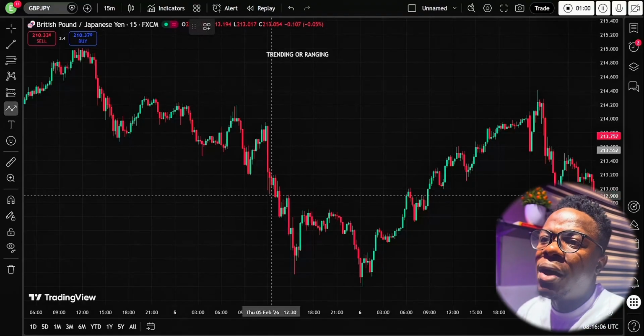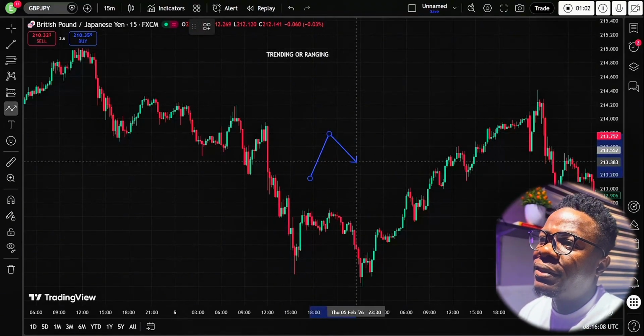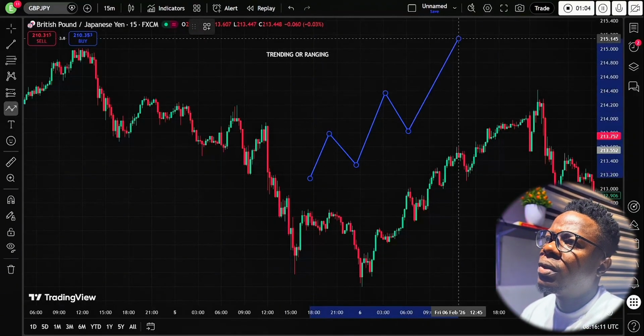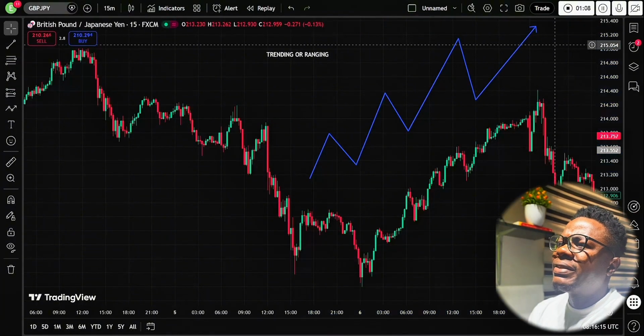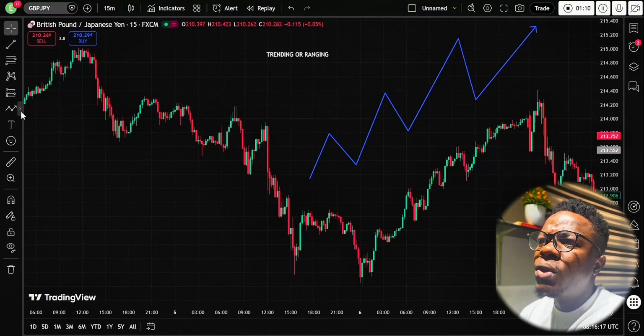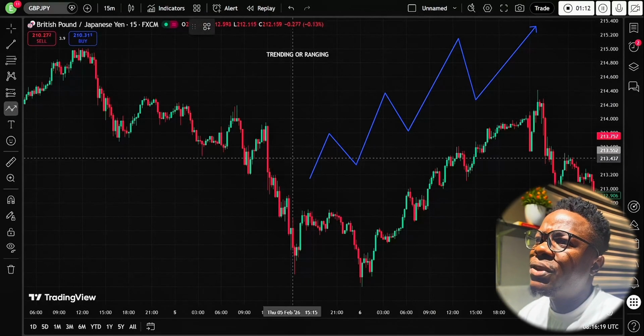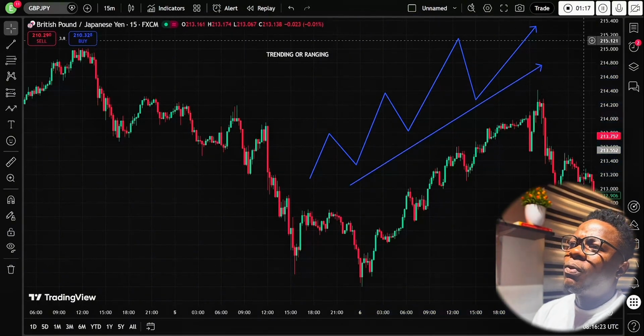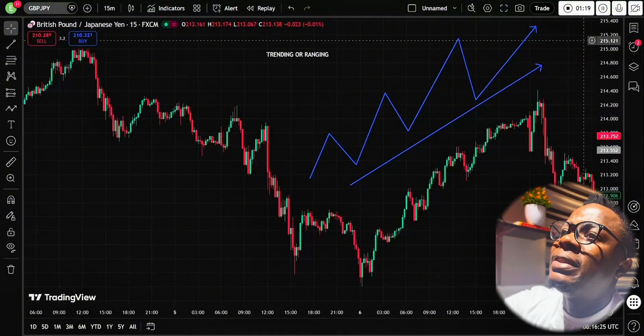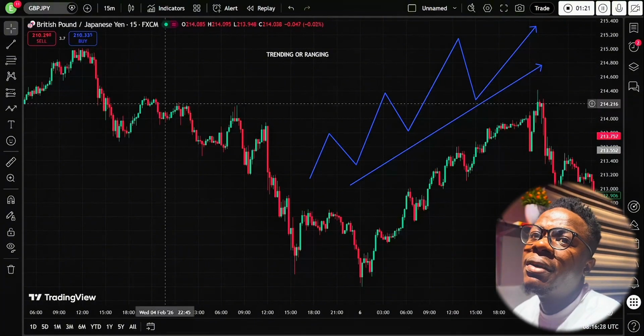Let me give you an instance. Now, if you stumble on a market like this, looking at it, it is clear that it is going up and down. Yes, correct. But the overall sentiment of this kind of market is to the upside. So when you see this, you can see that this is a trending market, right?